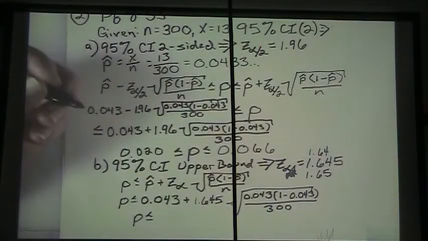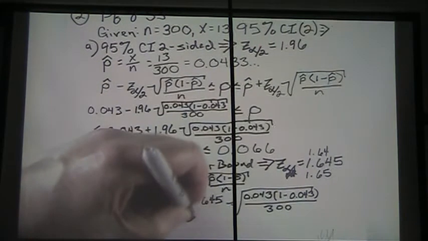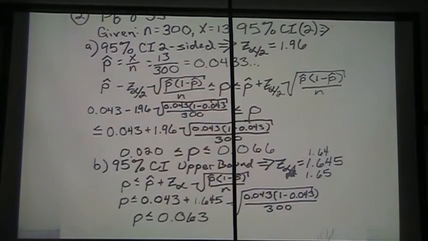So P is less than or equal to 0.063. Now, is this a good binomial proportion for our evil purposes? Well, it's certainly correctly calculated, but that would have to be decided at the company that is in the quality control department.